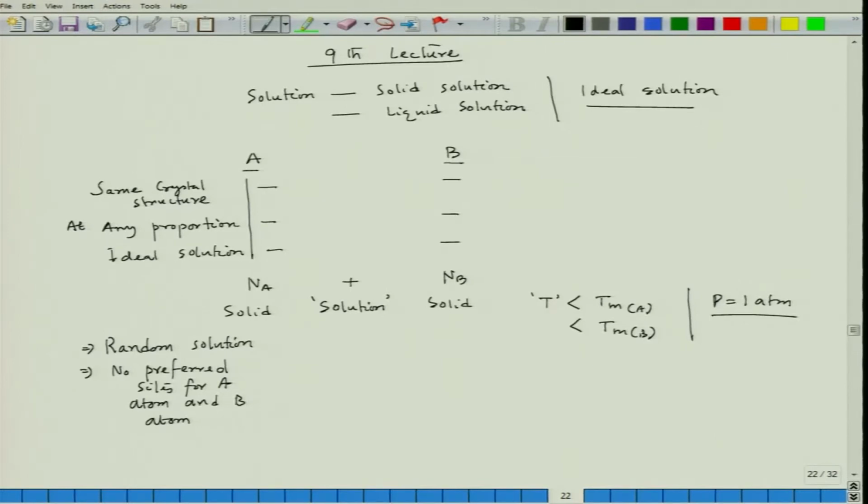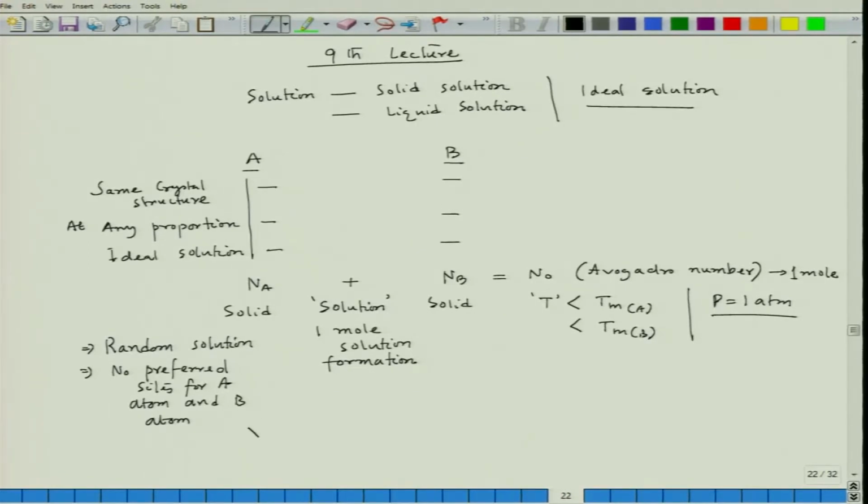And another thing we are considering is when we add this Na number of A atoms and Nb number of B atoms, they will be the same as Avogadro number, and whenever we consider Avogadro number, it means this is 1 mole. Now, if we consider that we are considering 1 mole solution formation, I can also calculate the mole fraction of A and B in the solution.